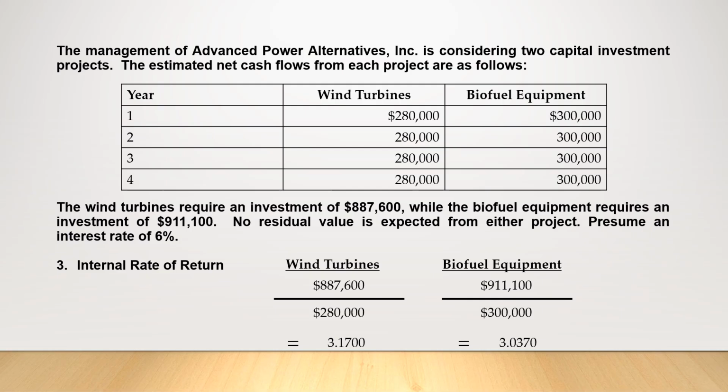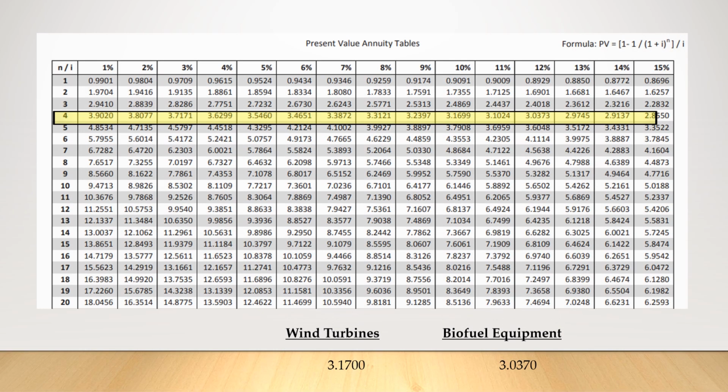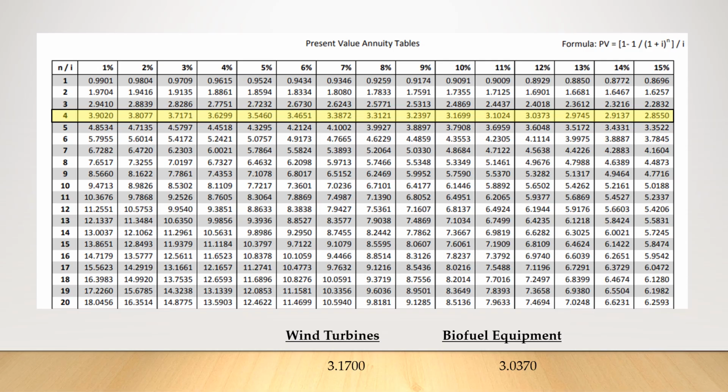Next, we need to go to the present value of an annuity table and identify the interest rate of each project. Both projects conveniently have a 4-year life. Looking across row 4, we need to find the factors that most closely align with the factors we calculated for each project.